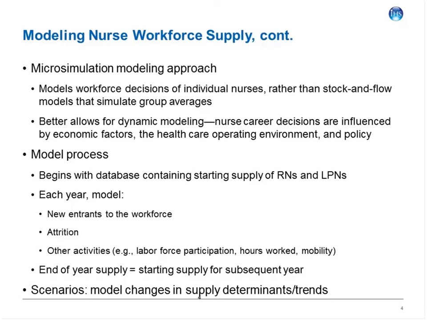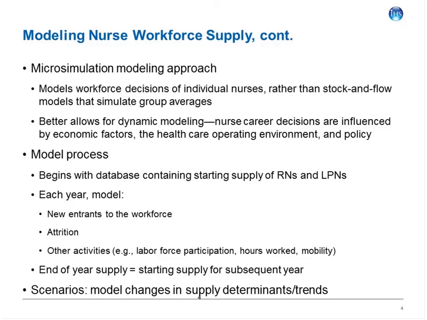So the process then is it begins with a database, and in the database it has the starting supply of RNs and LPNs, and this database could come from your licensure files, presumably. If you don't have complete data on licensure, it could come from a survey, but you have information on each person in your nurse workforce.